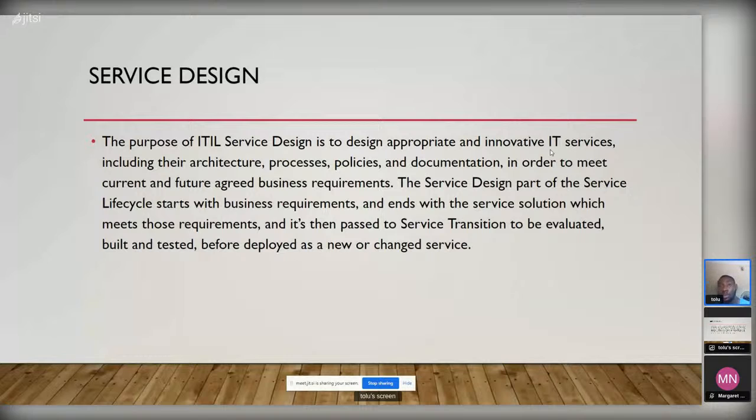I told you, you have to design how it will come and how people will get it and meet those requirements, and then pass to transition to be evaluated, built, and tested. So that's what happens in the transition. You turn your ideas into a new or changed service.